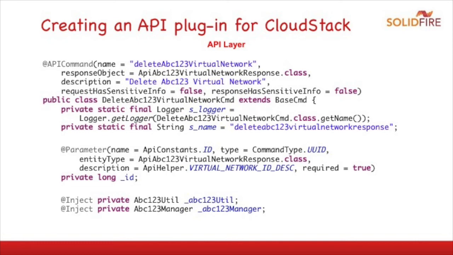And that, in conjunction with these @inject annotations, is how Spring will take that pointer it created to that object and stick that pointer into your class, or your object, in this case my virtual network command object, and make it very easy for you to resolve dependencies. A lot of my command classes, when you make instances of them, they're all going to want pointers to the business layer or to this utility object that I have. So this makes it very easy to get those pointers without having to add a whole bunch of extra code.